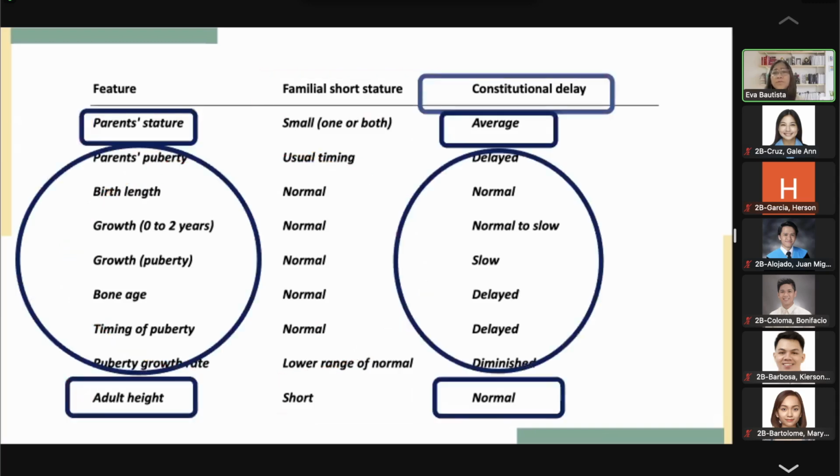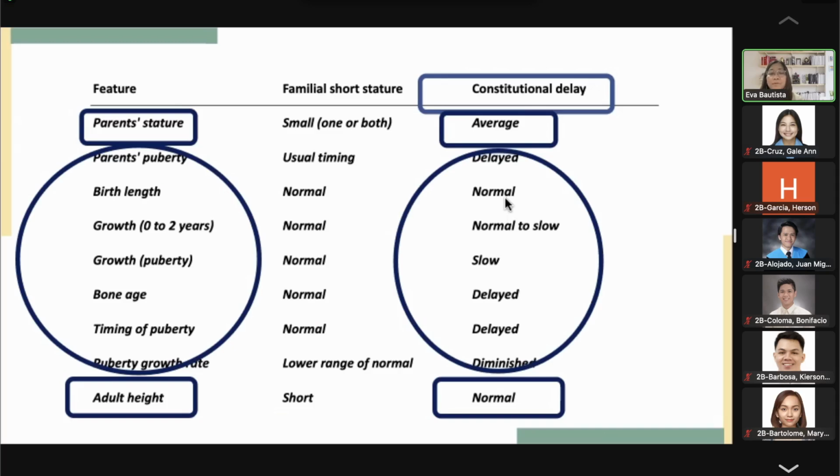Now, how about constitutional delay? Okay, look at the history. The parents are of average height. So you have excluded already familial short stature if both parents are of average height. So look at it, the child has normal birth length, but the parents' puberty was delayed. So they had late menses, delayed puberty of the parent, although average height.